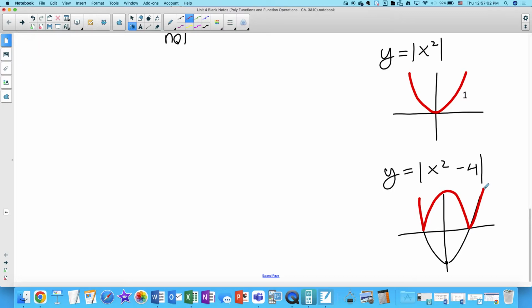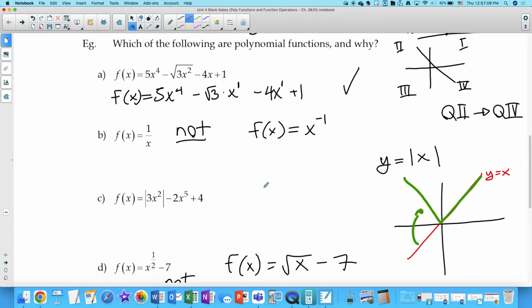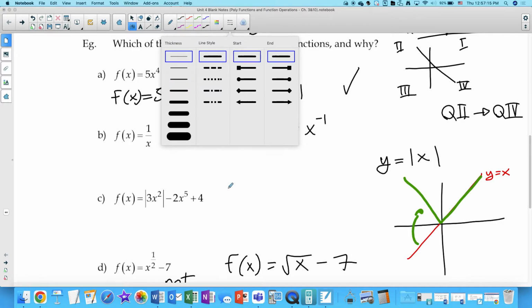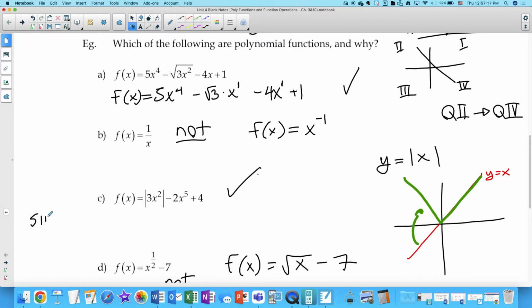Or when does it matter to have a radical or not? So these two are kind of tricky. This one is as well. And that's since 3x squared is equal to the absolute value of 3x squared for all values of x.